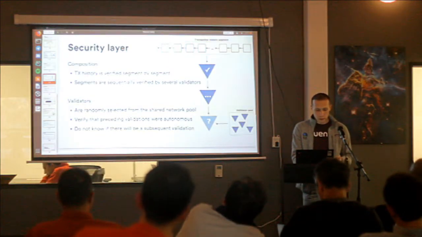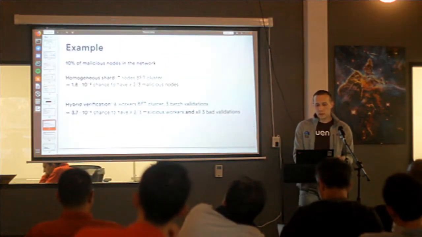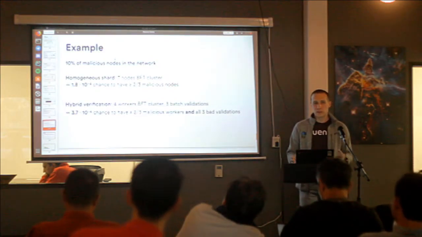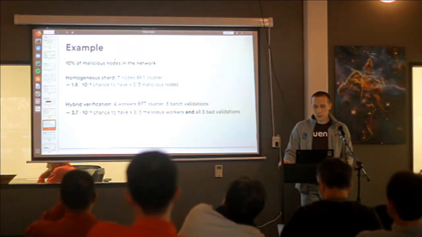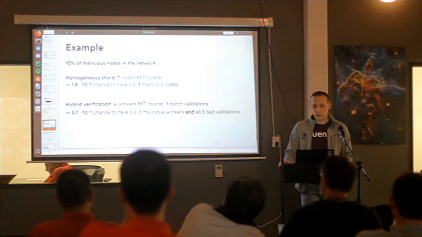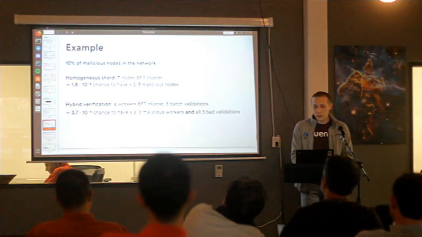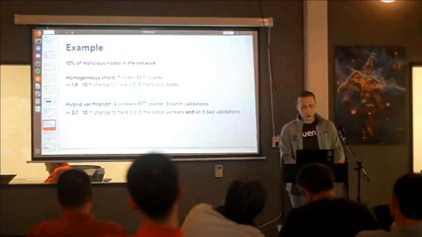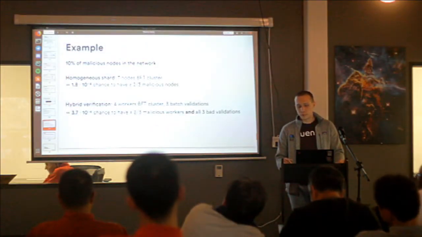And that's the difference. Let's say, for example, that our network contains 10% of malicious nodes, and in one case we have set up a 7-node BFT cluster. The chance that more than 2/3 of the nodes in this cluster will be malicious is almost 10 to the power of minus 4.